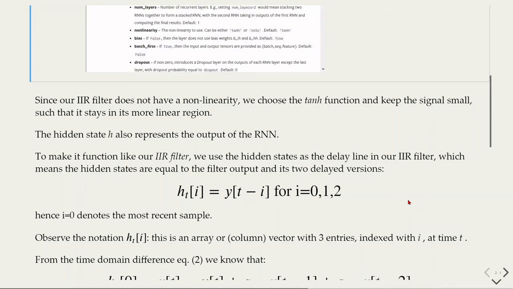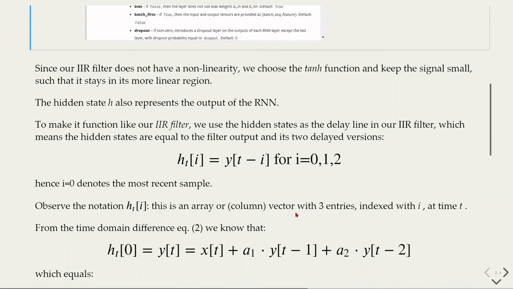So to make it function like our IIR filter, we use the hidden states as the delay line in our IIR filter, which means that the hidden states are equal to the filter output and its two delayed versions. So here we have this equation, where i equals 0 denotes the most recent sample.